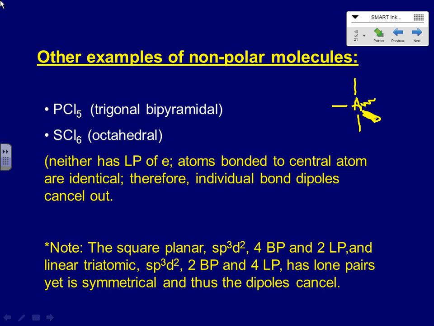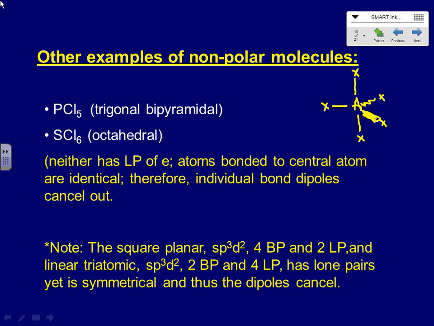So if I have all the same atoms on that, I got an AX5. The trigonal planar in the equator will cancel away, because that's the same as trigonal planar, like with our boron. And then the up and the down guy will cancel away. They'll all cancel each other out. That's only true if all of the atoms are the same. As soon as you change an atom, you've got a different length dipole, and then it's not symmetrical anymore.